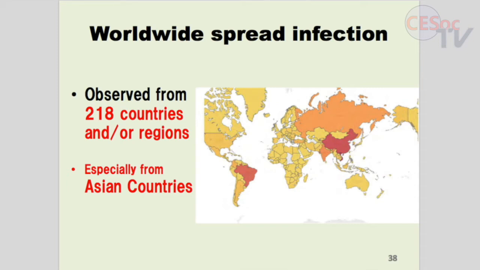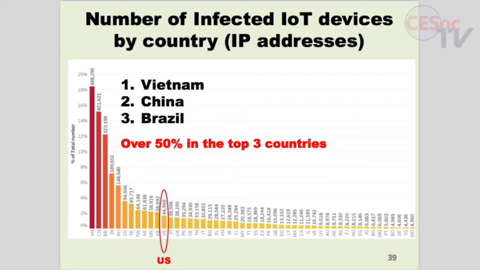Maybe the characters are very small and you cannot read them, but let me highlight. Number 1 is Vietnam, 2 is China, 3rd is Brazil. The top 3 countries cover over 50%. It's very large.